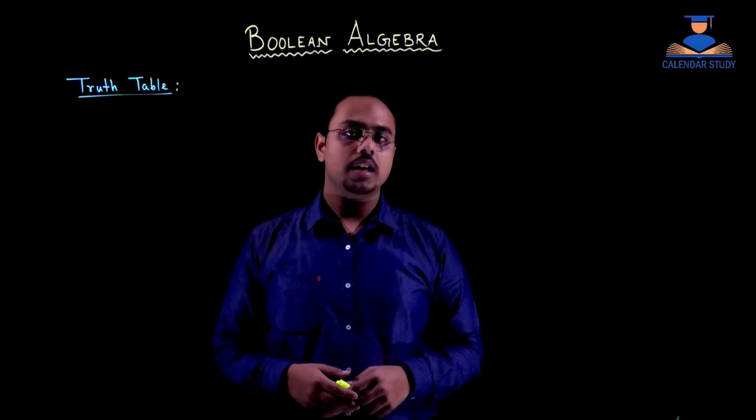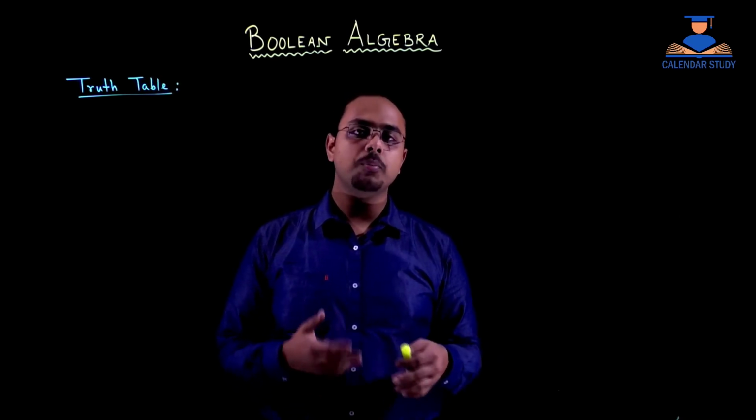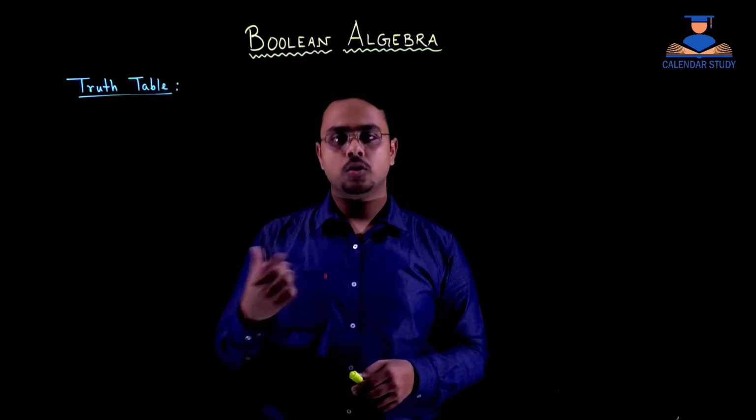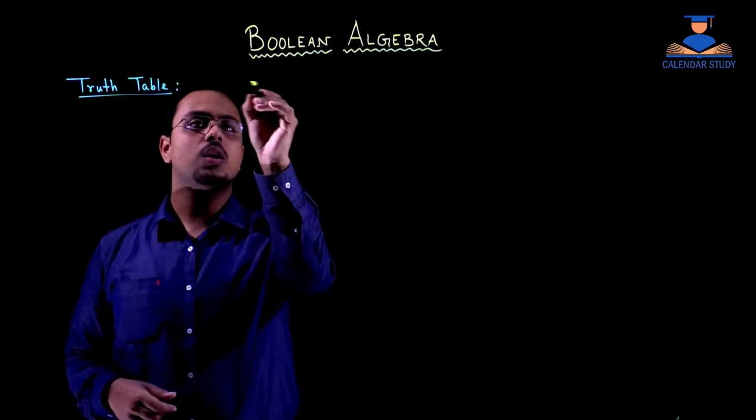As we have discussed earlier, in Boolean algebra we represent the truth values with the help of the numbers 1 and 0 also. That is, the true value is denoted by 1 and the false value is denoted by 0.